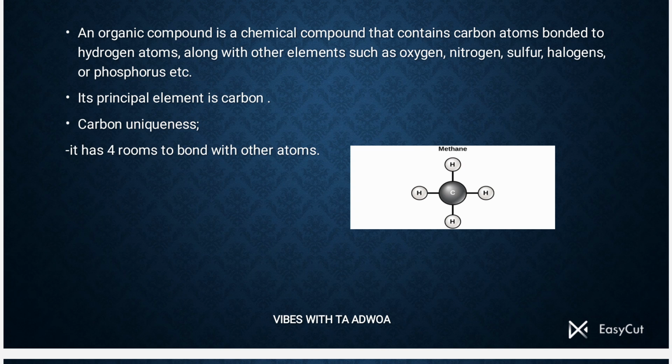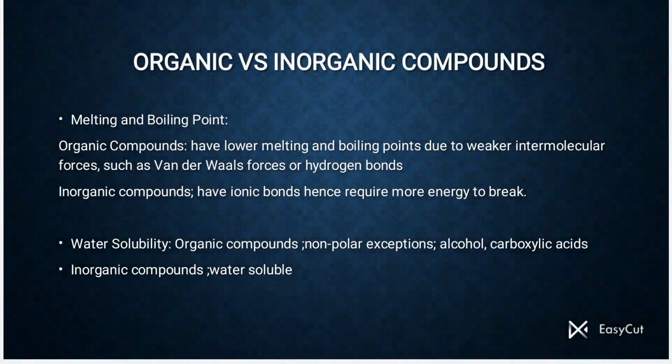The principal element in organic compounds is carbon, because carbon is unique. Its uniqueness comes from the ability to form four bonds with other atoms. This versatility allows carbon to create a wide range of complex and diverse molecules, making it the backbone of organic chemistry.